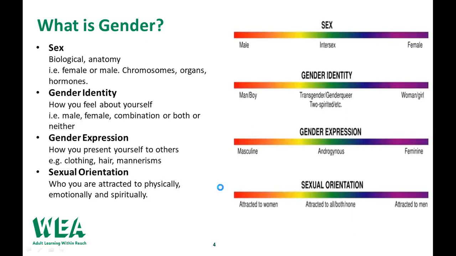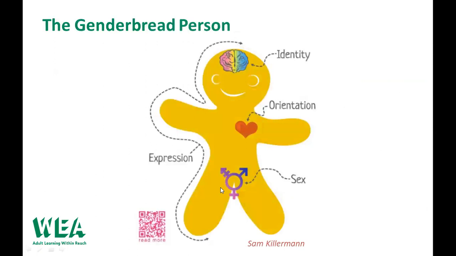And I've got a diagram I'm going to show you. It's called the gender-bread person. And this is quite a simple way to understand how gender is represented, in academic terms. So on the outside here, on the left, you've got expression. That's externally how someone expresses themselves. Then internally, you have identity up here in terms of the brain and how people feel.